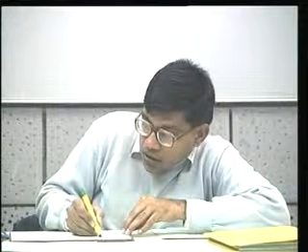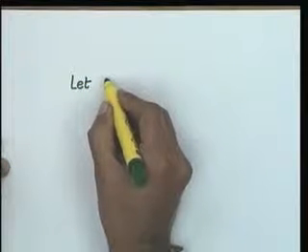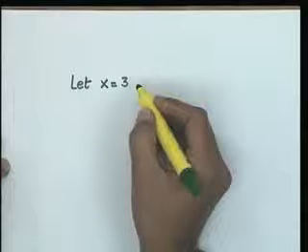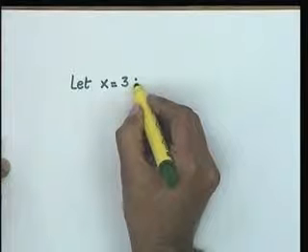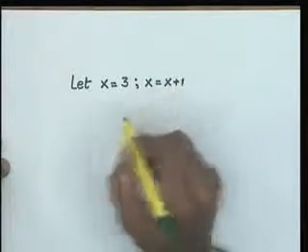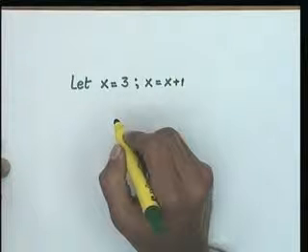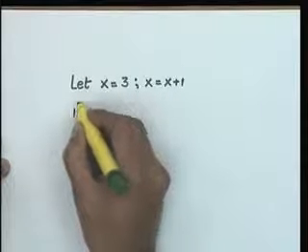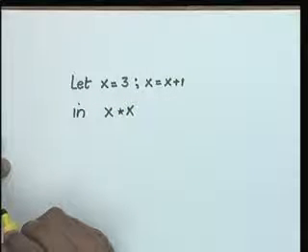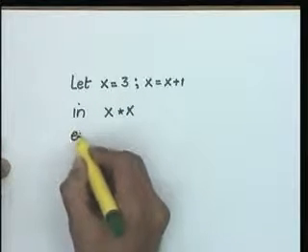You could, for example, have let x equals 3 semicolon x equals x plus 1 in, let's say, x star x.